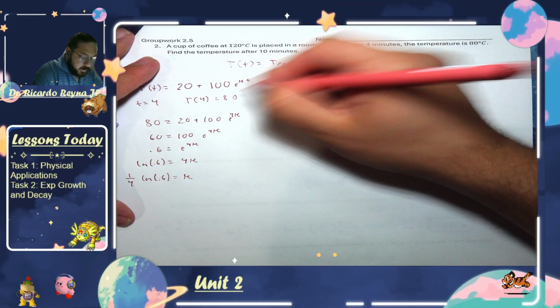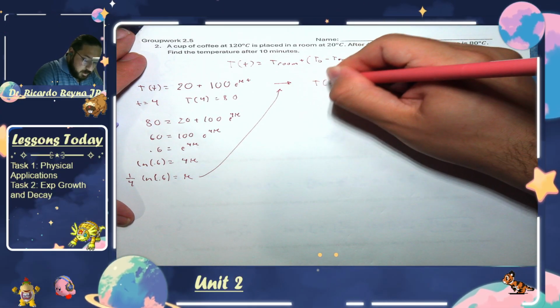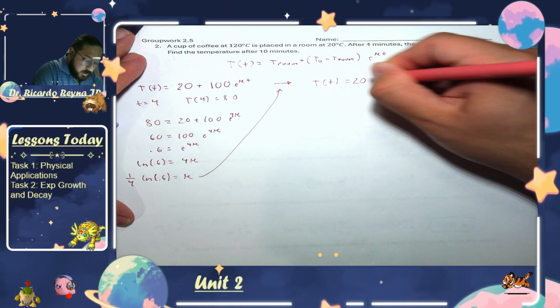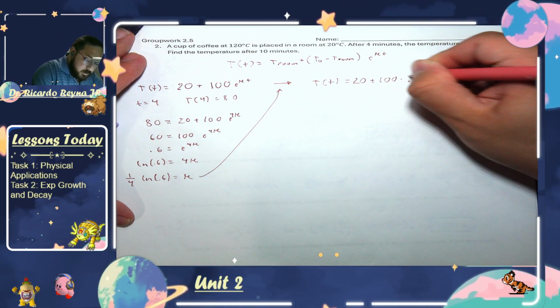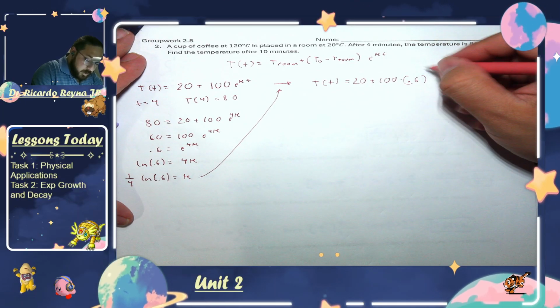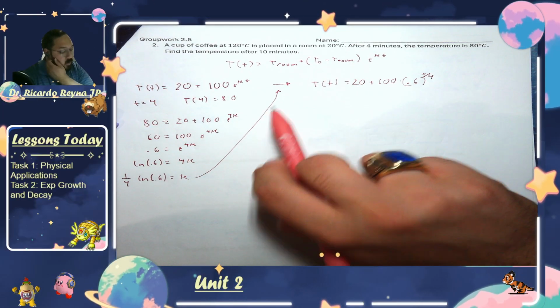Then this can simplify into T(t) equals 20 plus 100 times 0.6 to the power of t over 4. And I already did the simplifying.